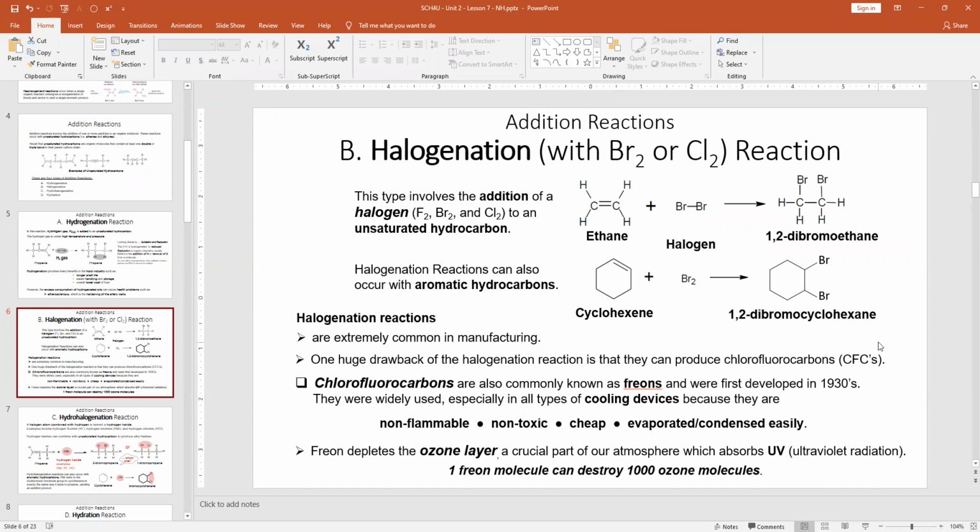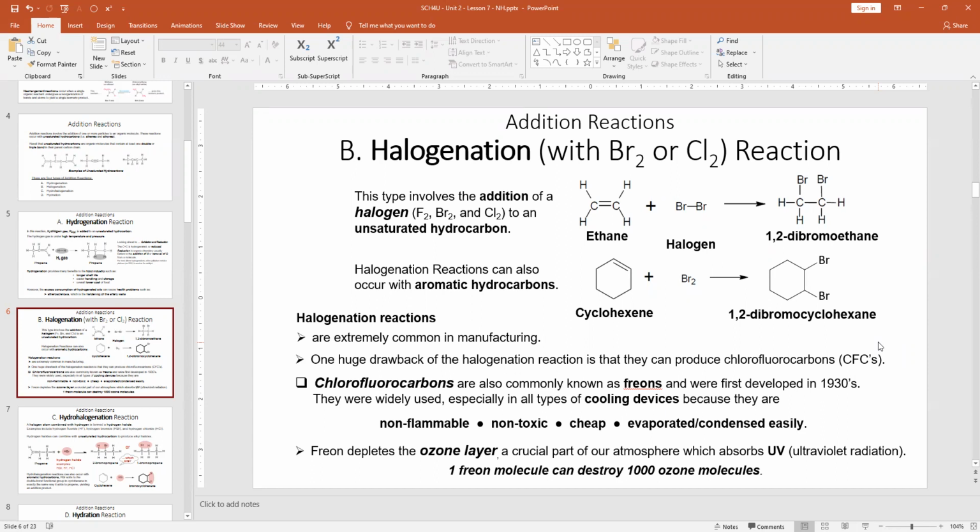Halogenation reactions are very useful in manufacturing. They're very common in manufacturing, but a big drawback of halogenation reactions is that they produce those molecules, chlorofluorocarbons. Chlorofluorocarbons, as many of you know, their common name is freons. And they were first developed many, many years ago in the 1930s.